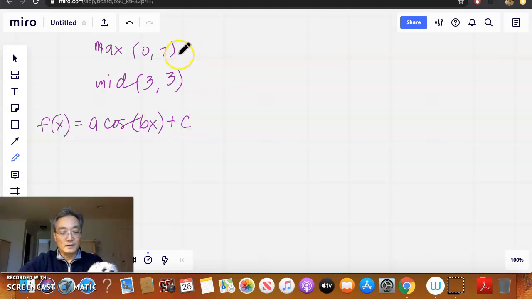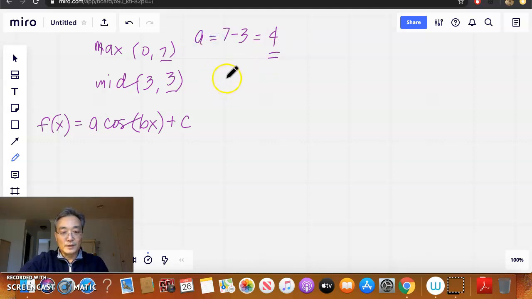All right, again, so amplitude, the difference in the y values here from max to midline. So it looks like it's going to be 4, right? So 7 minus 3 is equal to 4. So there's our A value, our amplitude.